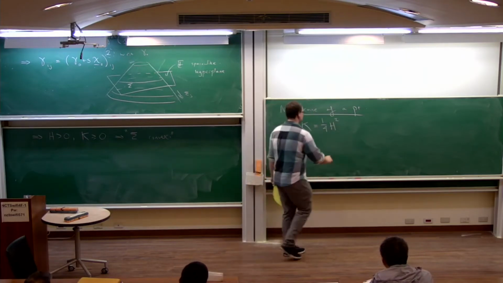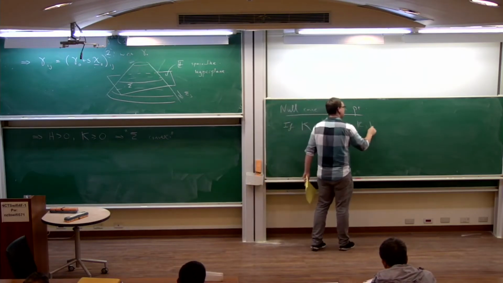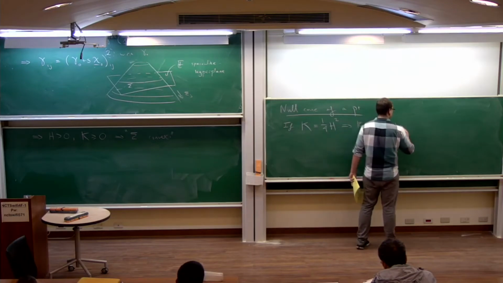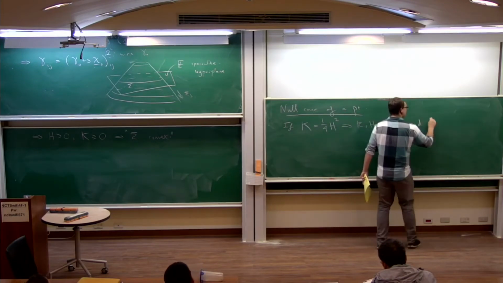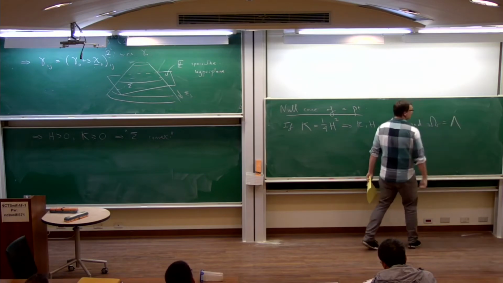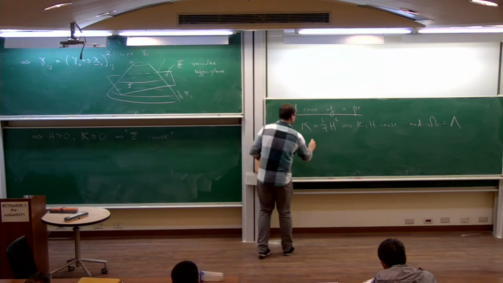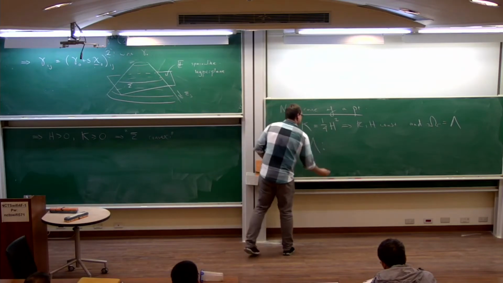Well, we know that forces both k and h to be constant. And then the null hypersurface that results, I'll give it a new symbol, lambda. And lambda is given by the following.